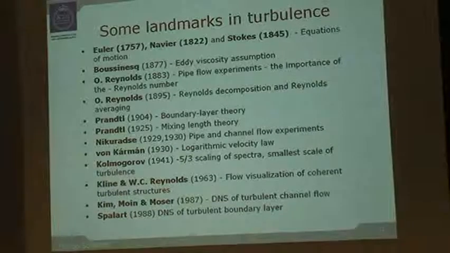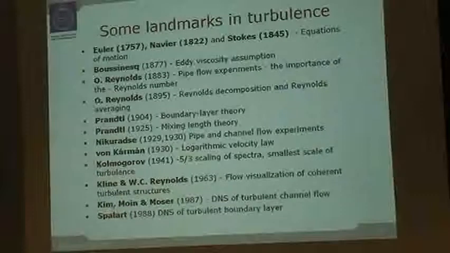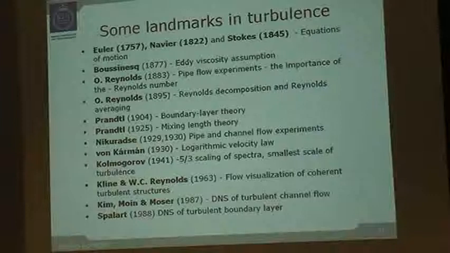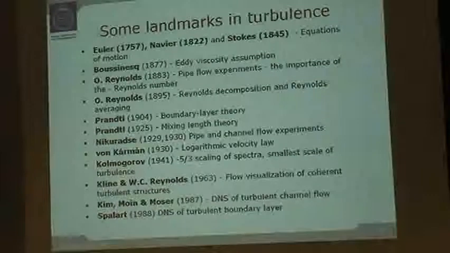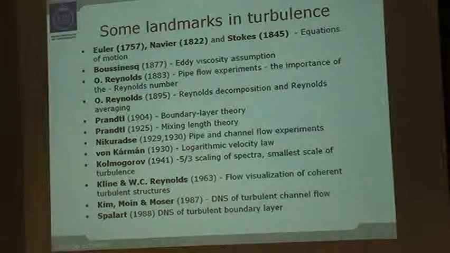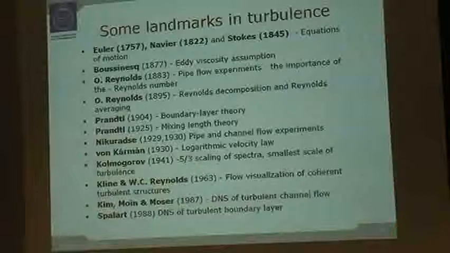This is also something that we talk about more during this school. Of course, a very important landmark was von Kármán, who came up with one way to derive the logarithmic velocity profile in the near wall region.